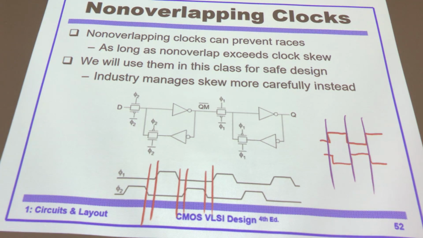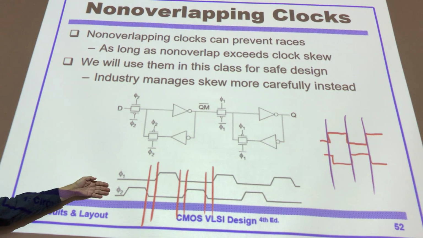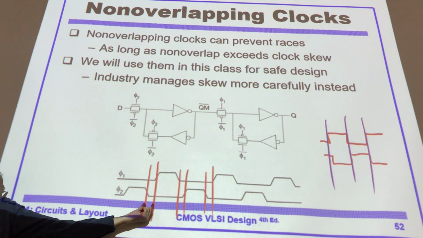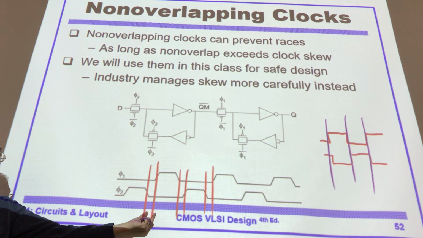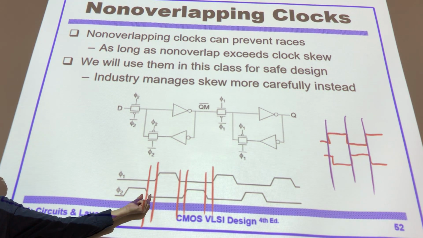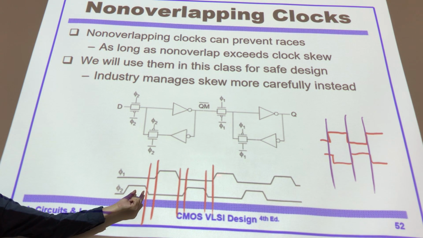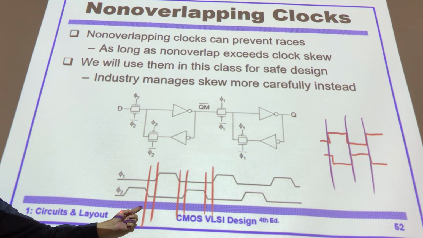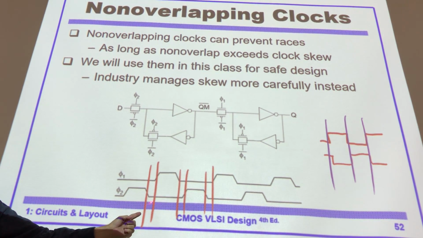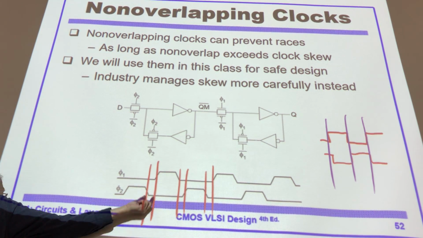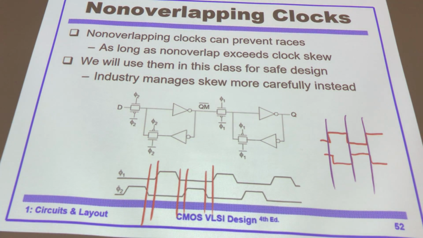Breaking the hold time rule. And this kind of non-overlap clock signal has a period of time that would allow non-clock-skew issue. If the second clock signal arrives no later than this amount of time, then you're fine.